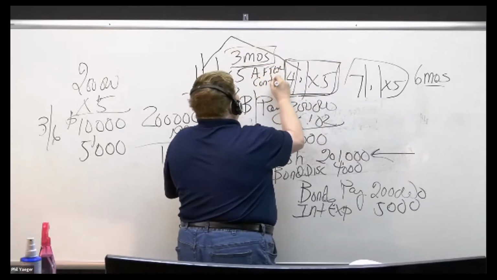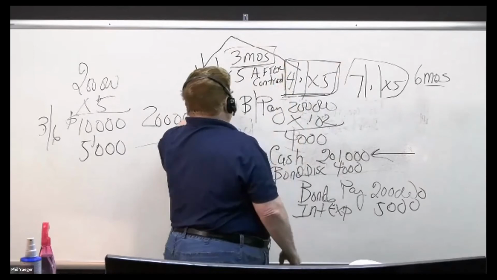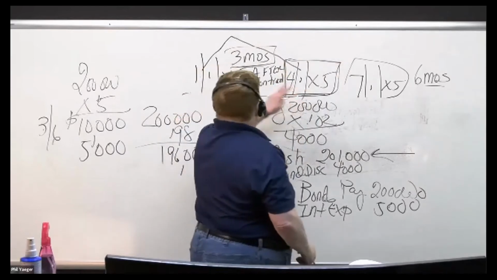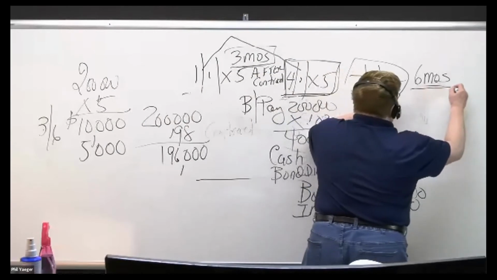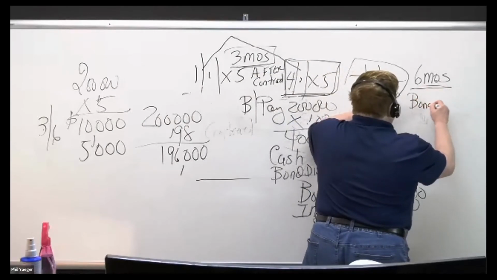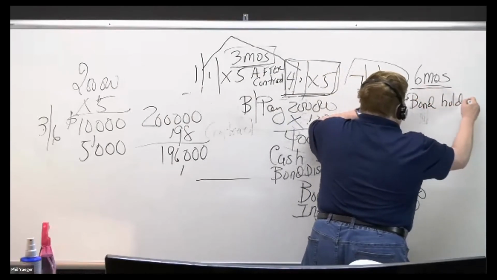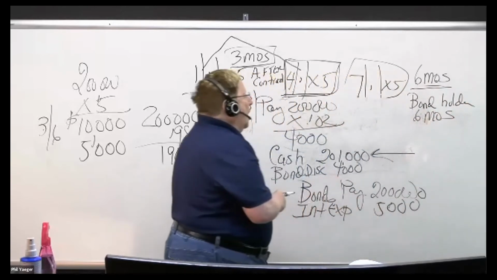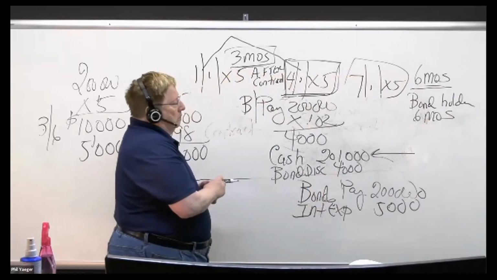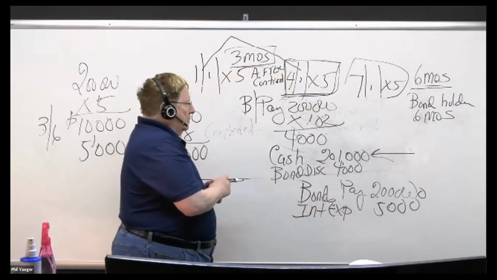But when the first interest payment is made, 6 months after 1/1x5, on 7/1x5, they're going to pay the bondholders for 6 months of interest, right? Now, how many months of interest are the bondholders entitled to? 3 months.